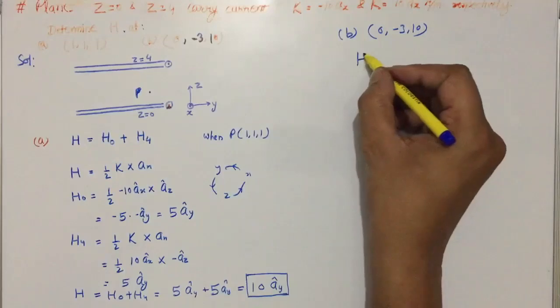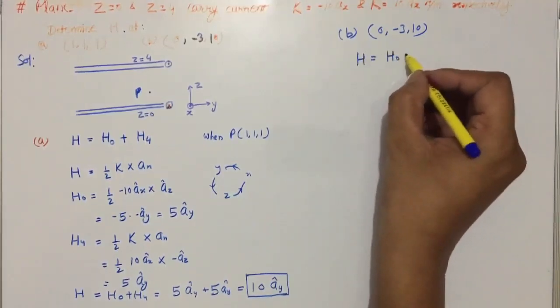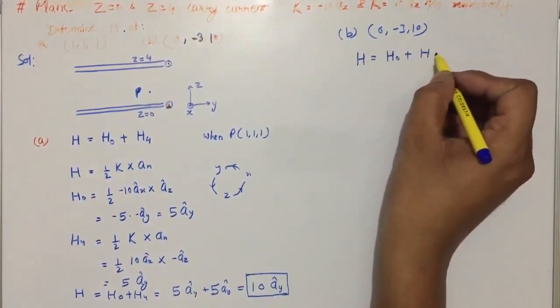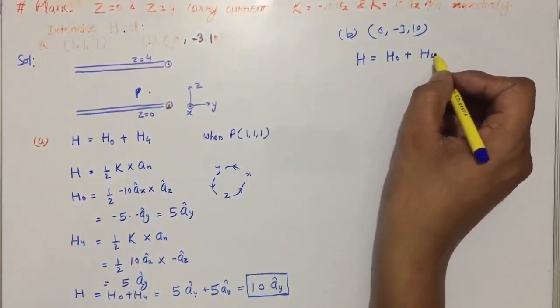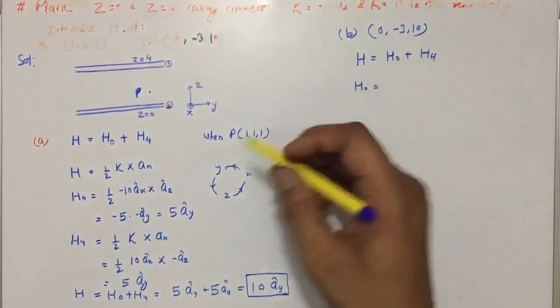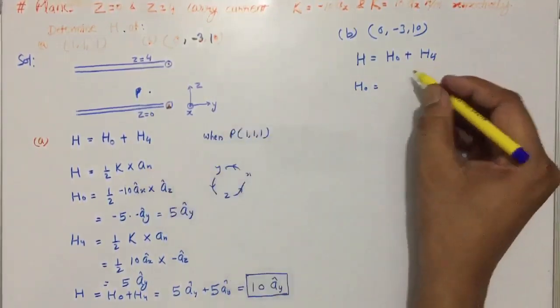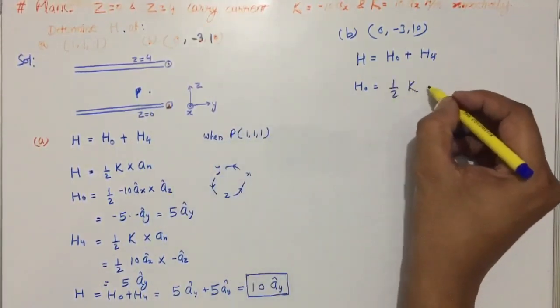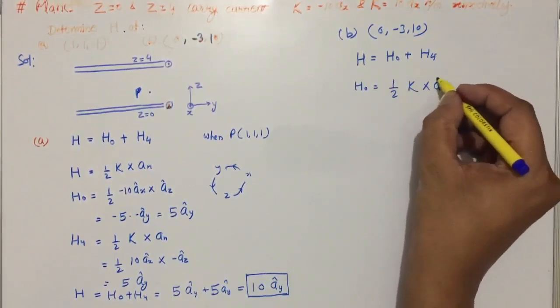In that case, H will be H0 plus H4, similar to the previous one, and H0 will similarly be half K cross AN.